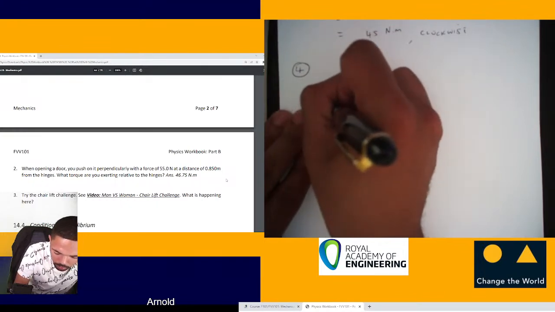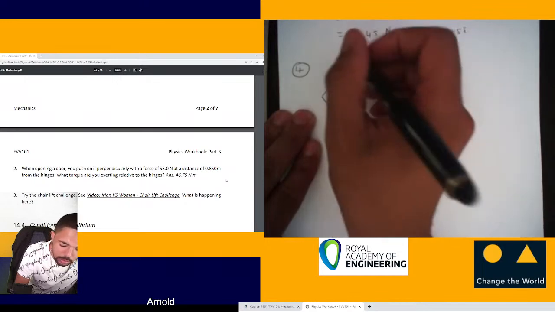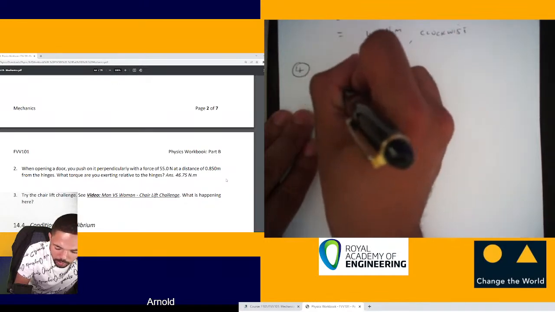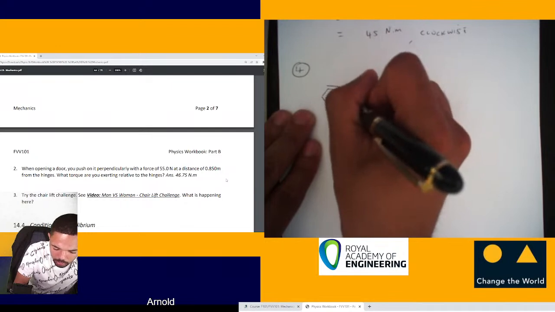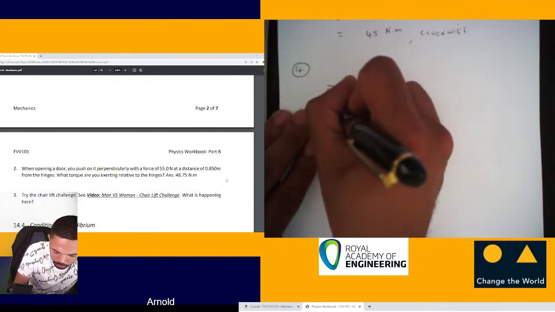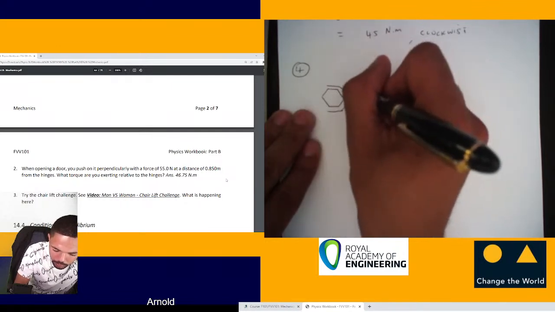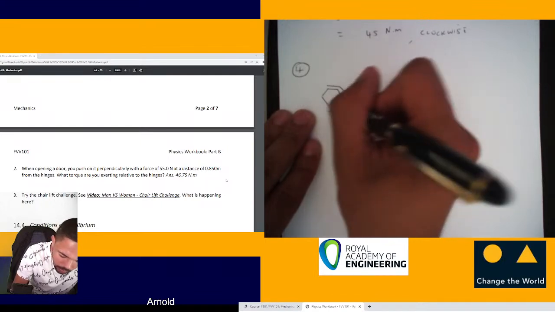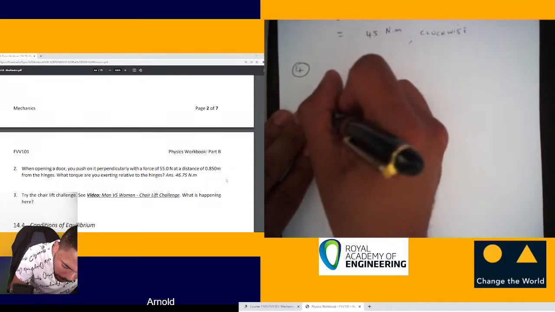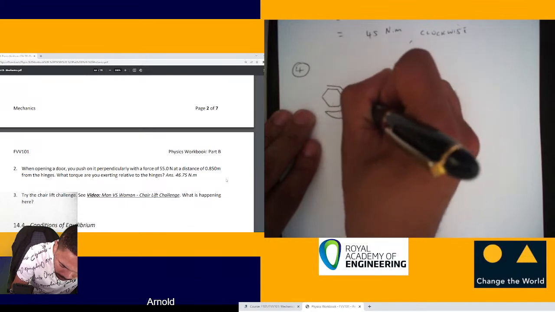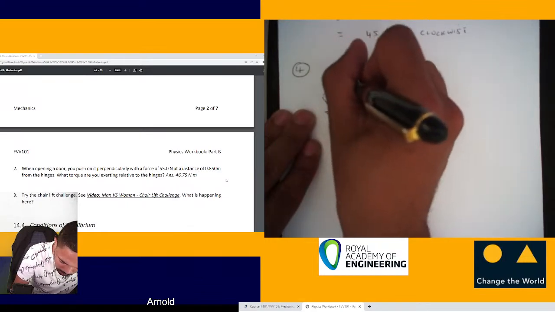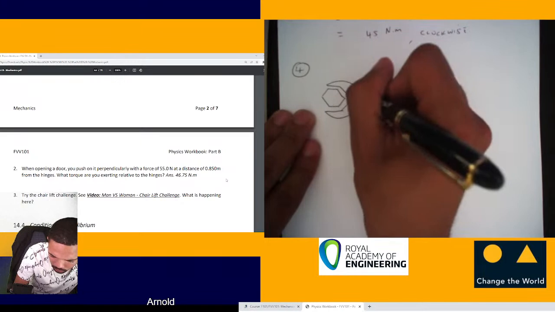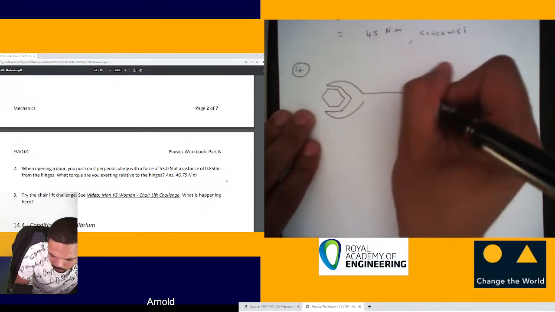So we are given a bolt, just ignore my ugly drawing. It's supposed to be a bolt, by the way. It's very ugly, I know. This is supposed to be a spanner. I have zero artistic talents.